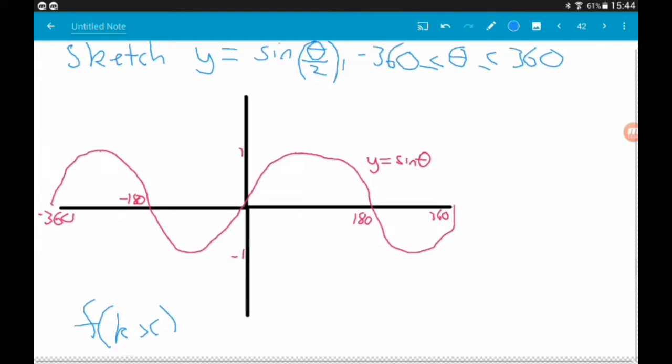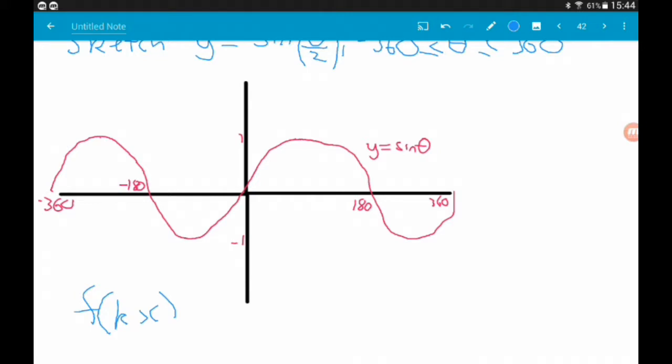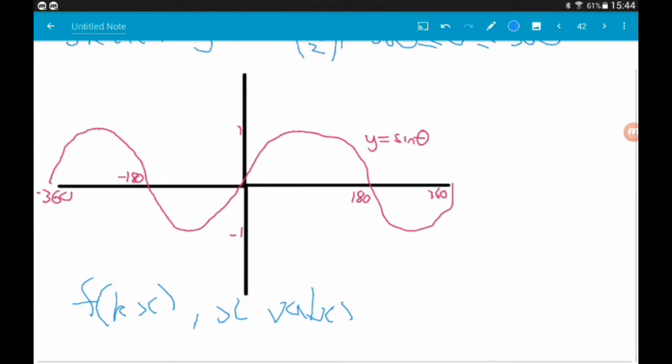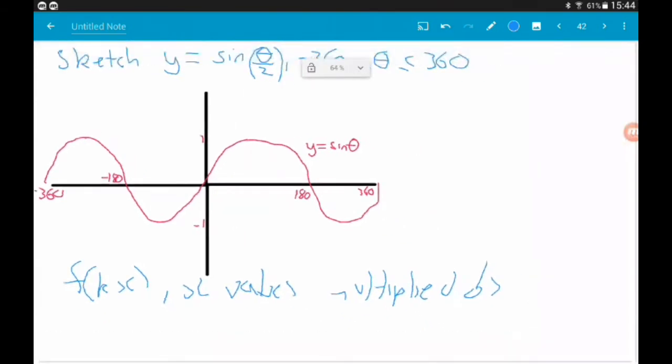So, the x values, which are really our theta values here, get multiplied by 1 over k.